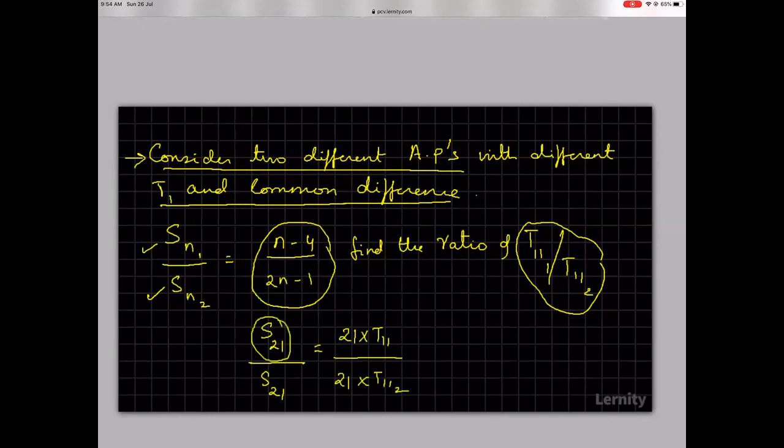I am thinking about the number of terms for which T11 will be the middle term. If there are totally 21 terms, T11 will be the middle term. And I know that for the sum of 21 terms, the sum will be 21 into T11. So these two get cancelled. All that I need to do is find out S21. So what is S21 going to be equal to? 21 minus 4 by 2 into 21 minus 1. So 21 minus 4 is 17. 2 into 21 is 42, minus 1 is 41. So it is 17 by 41. So the answer is simply 17 by 41.